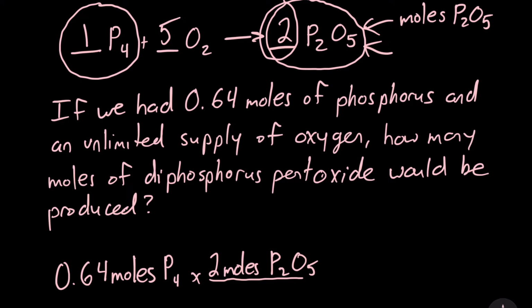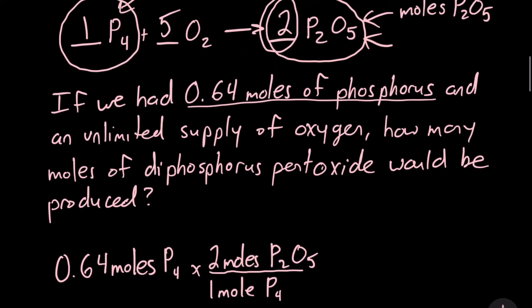So moles of P2O5 on top. We're trying to get rid of moles of P4, because we began with moles of phosphorus. So we'll be using 1 mole of P4 on the bottom. So write that down. Perfect.